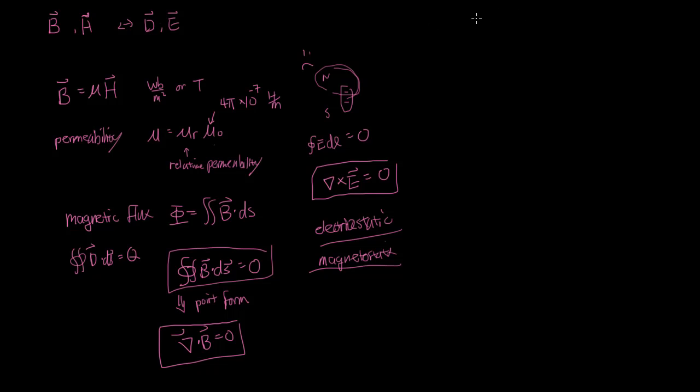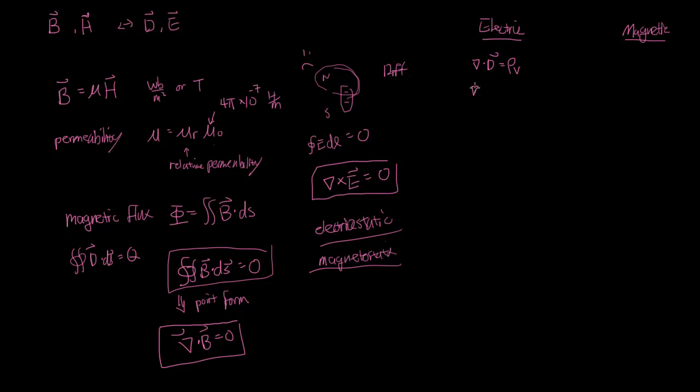So I'll start with the electric field. We're going to look at also the magnetic field equivalent. So we have the differential form of Maxwell's laws. In the case of electric field, it's going to be Gauss's law, where the divergence of D is going to be rho v.